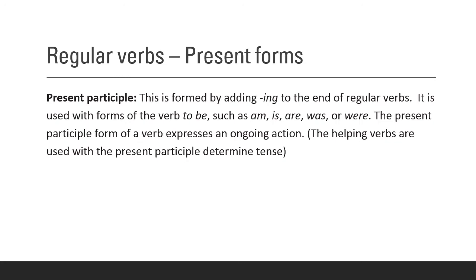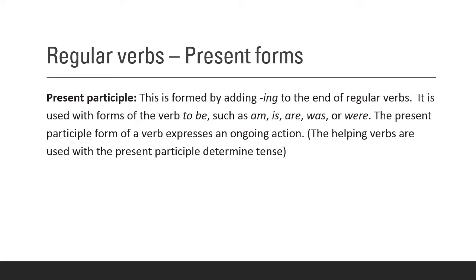Now present participle is another fundamental form of a verb, and this is formed by adding ing to the end of the regular verbs. Now it is used with forms of the verb to be, such as am, is, are, was, or were. So if it's a present tense, then we use am, is, and are.